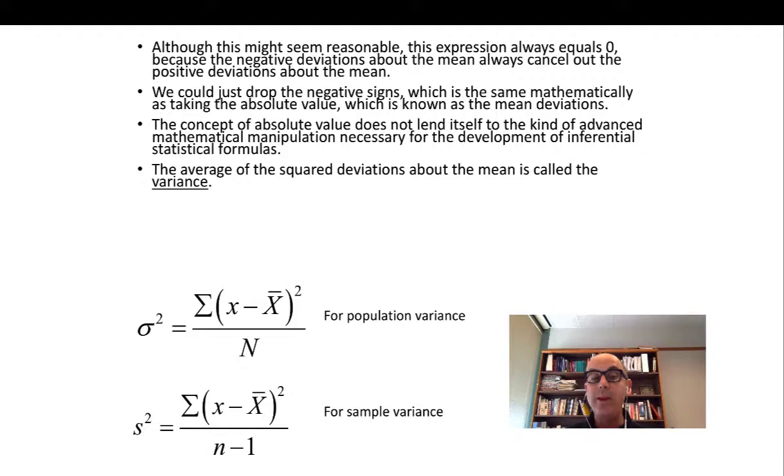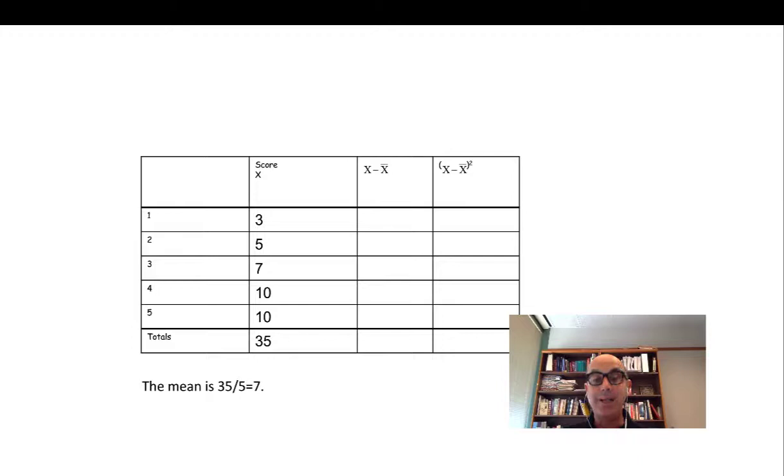Usually when we do that we take the square root on both sides, and for the population it is usually sigma squared, for the sample it is s squared, which is the variable that we are looking for. So those are the things that we need to be concerned with when we apply statistical analysis.